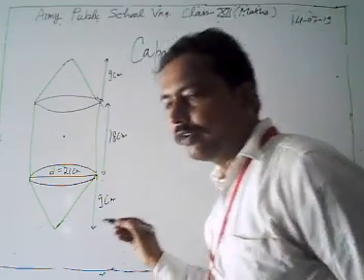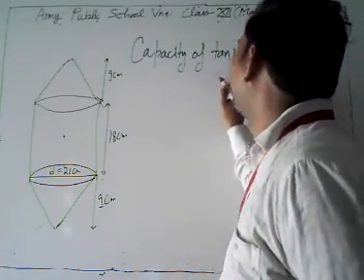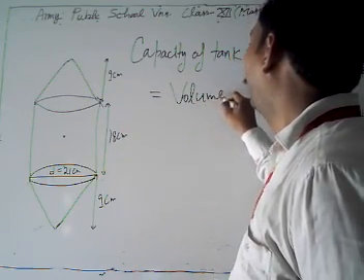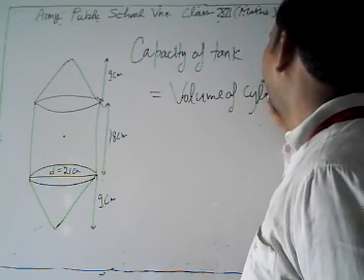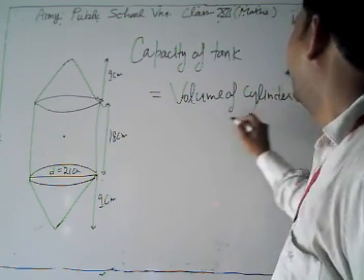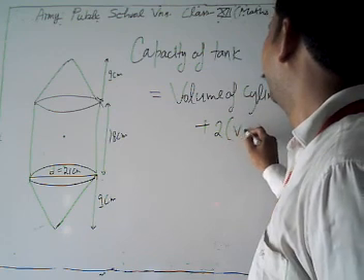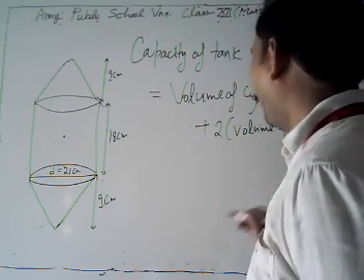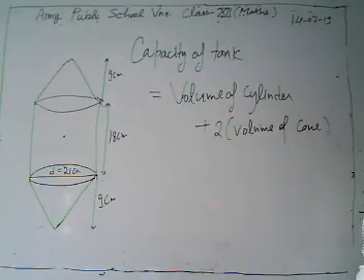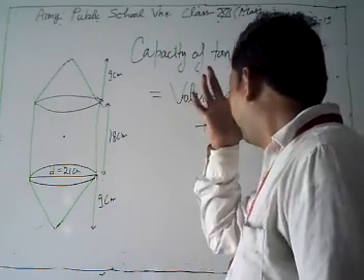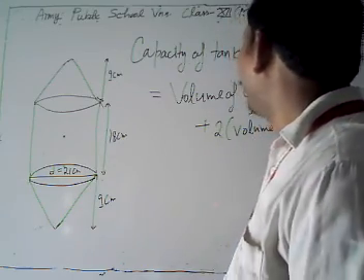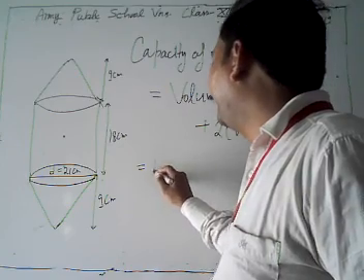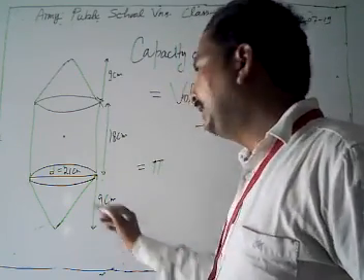Now we are going to find out the capacity of the tank. How can we get it? It is given by the volume of cylinder plus 2 times the volume of cone. What is our formula for the volume of cylinder? Pi r square h. Here r is what?